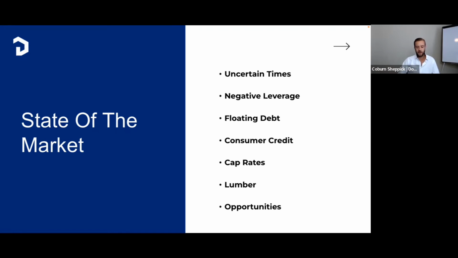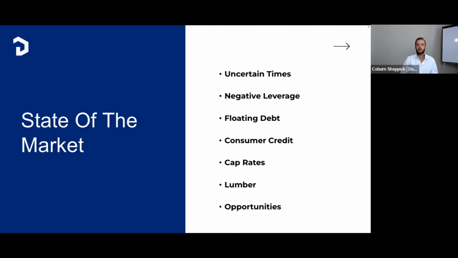If it is affected too much, then the rise in costs could force the operator to have to come out of pocket in order to cover the increased expense. And so what does that mean? Obviously, that can create a pretty nasty situation that could lead to the worst case scenario, which would be a foreclosure.